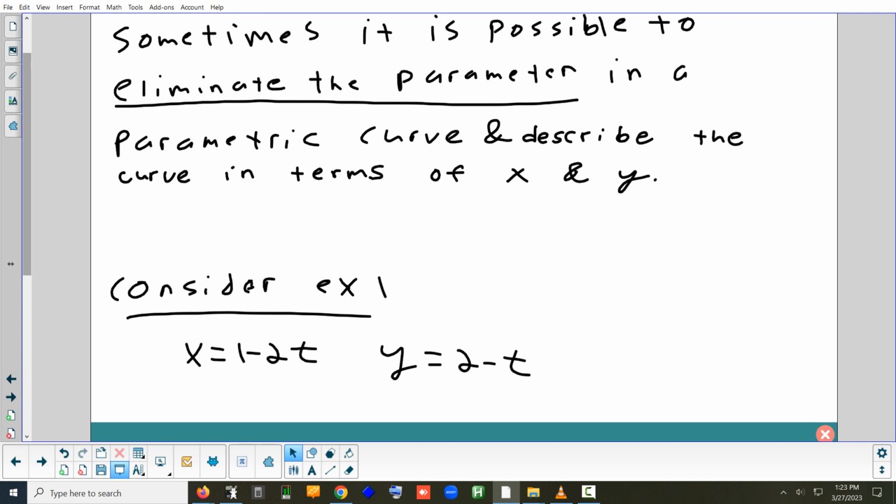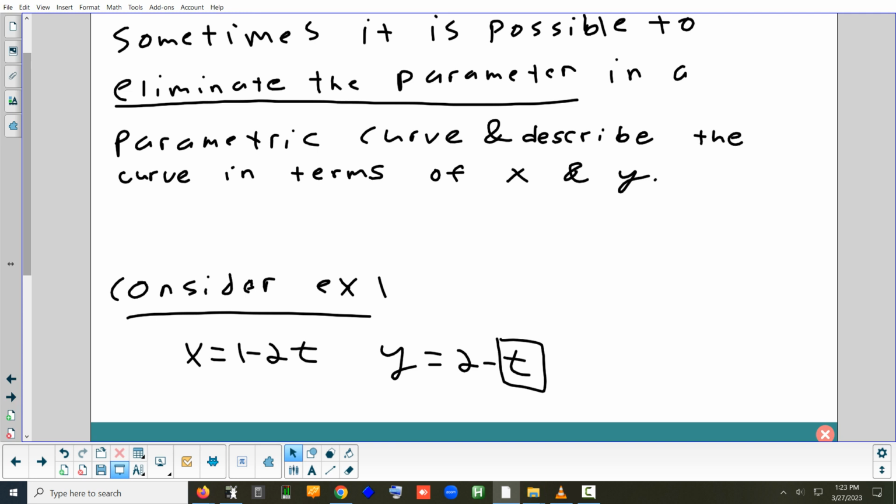The idea when you write something parametrically is you have two equations. To make it not parametric, we want to get it back to 1. So we want to merge these two equations back into 1, and we want to get rid of the t. How could I get rid of this t right there?